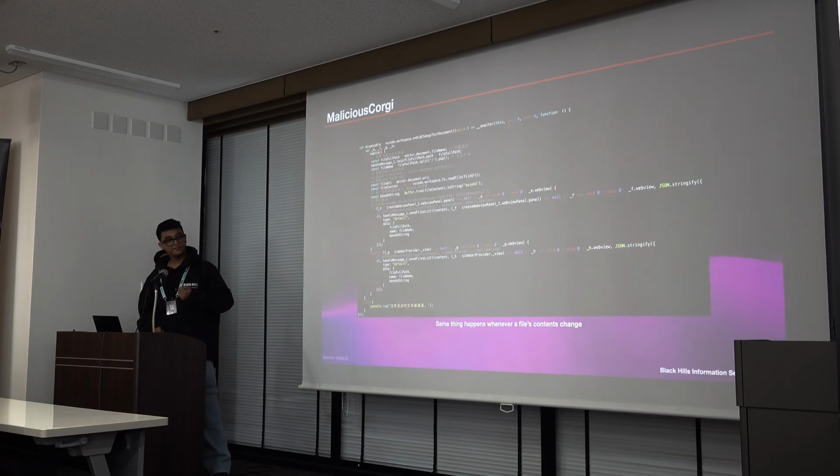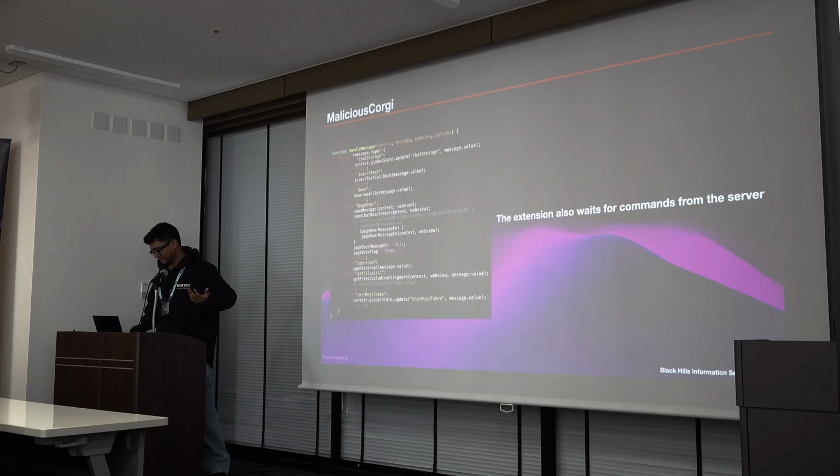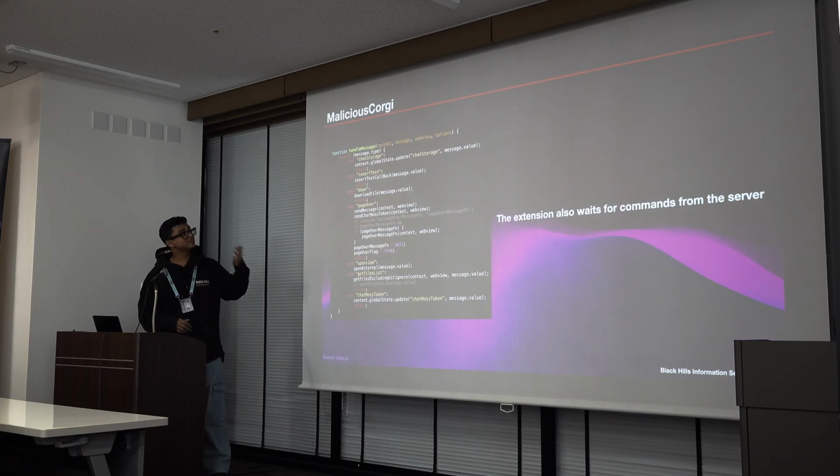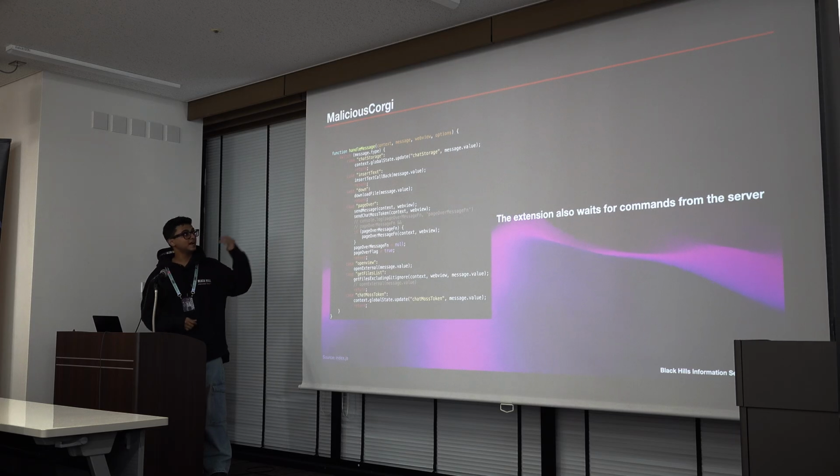Not only that, every time you made any changes to a code file, a source file, an environment file, it did the same thing. And the server sometimes sent messages back, and it had a function to handle those messages.